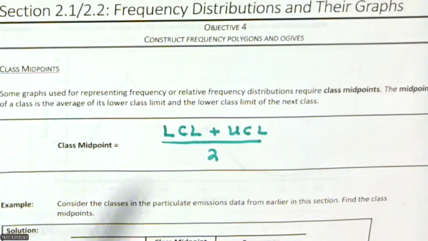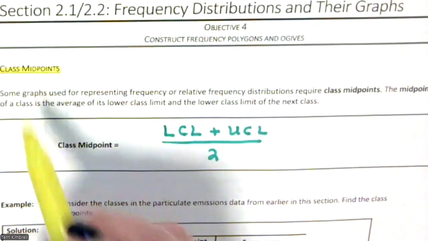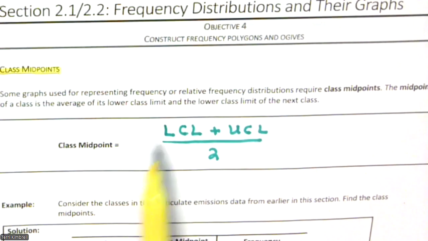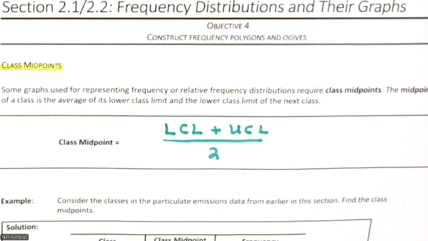So class midpoints. This is kind of like in geometry where you had a segment and you had to add both ends and get the midpoint. What you're going to do here is add the lower class limit and the upper class limit, and divide by 2 in order to get the midpoint.